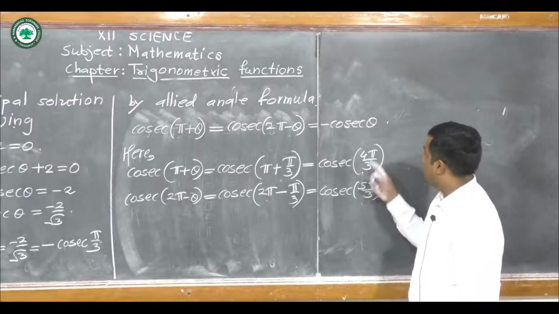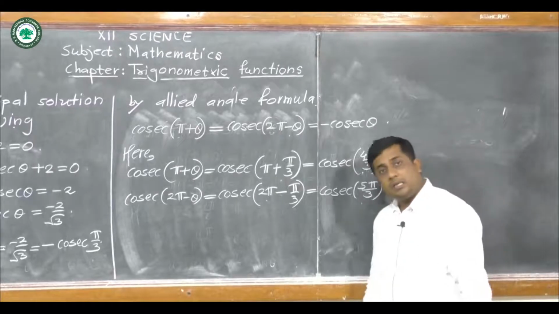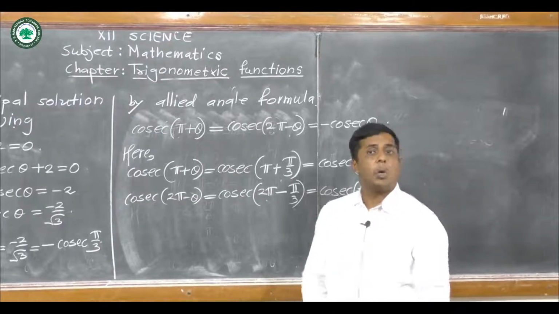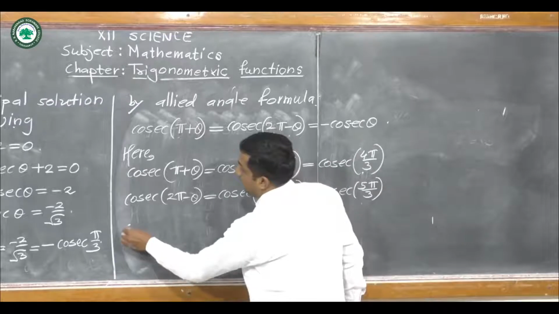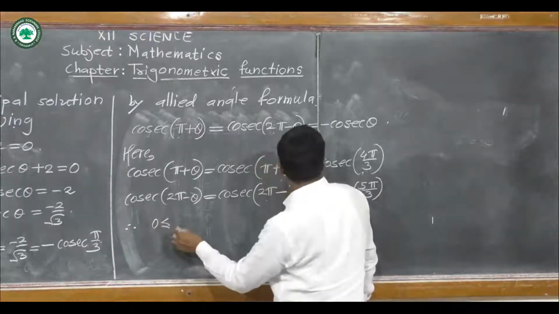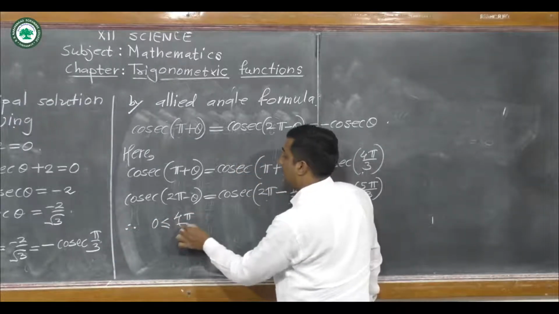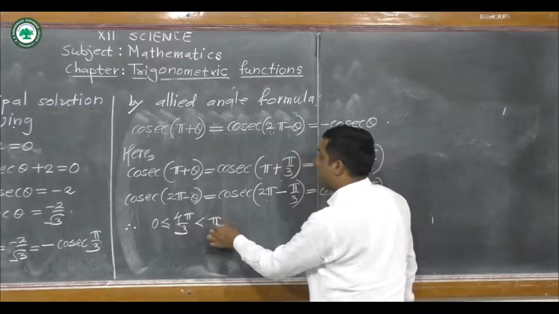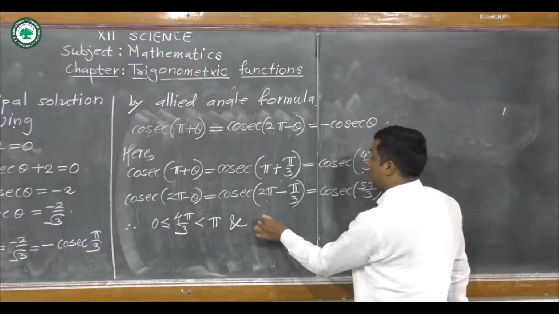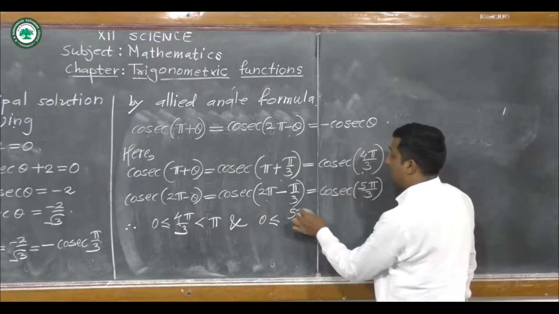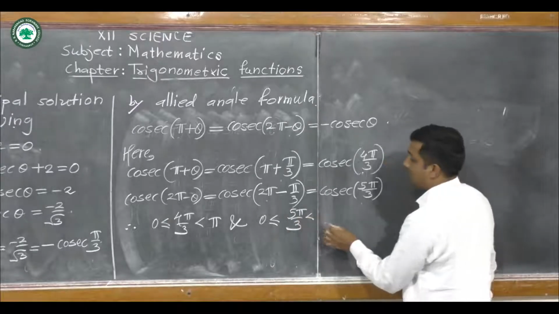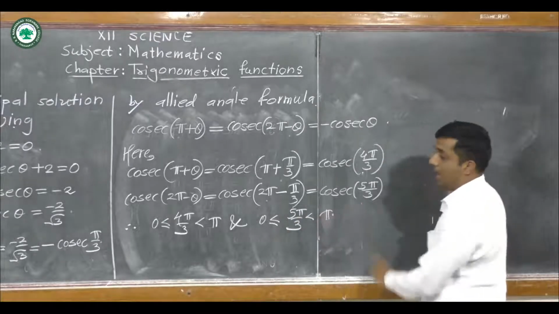Now everyone knows this 4 pi by 3 and 5 pi by 3 lie in between 0 and pi, that is 0 is less than or equal to 4 pi by 3 is less than pi, and 0 is less than or equal to 5 pi by 3 is less than pi.